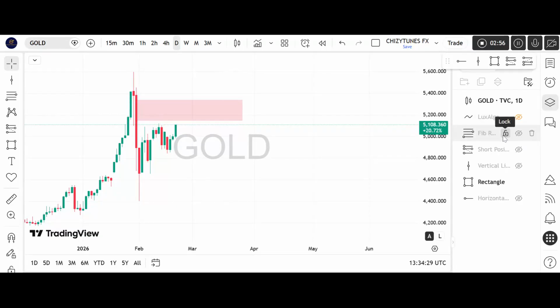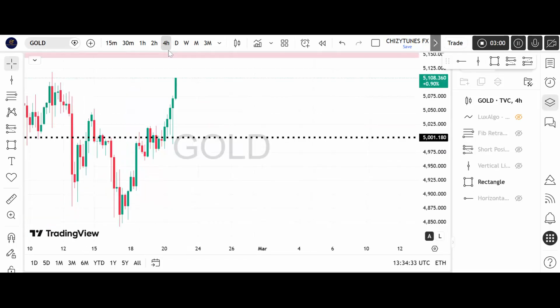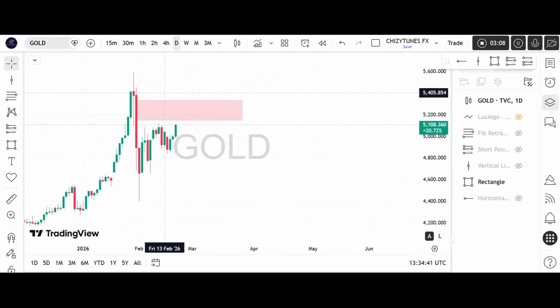Okay, taking you down to the 4 hour time frame. What can we see? But mind you, don't forget that we have this candle you see here. We have a resistance here as previous last week resistance that has not been broken.